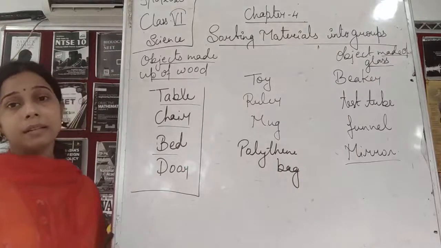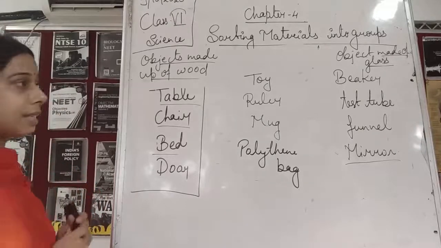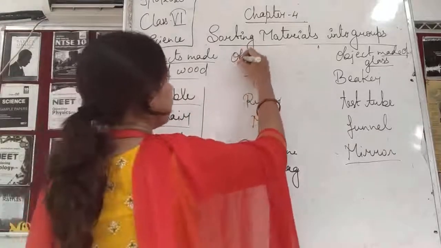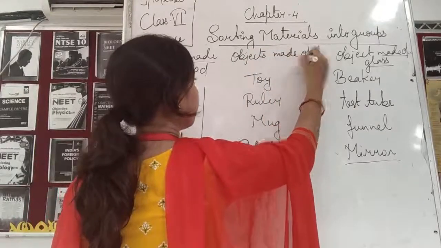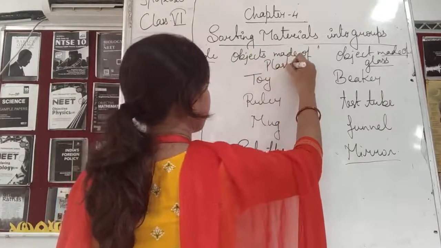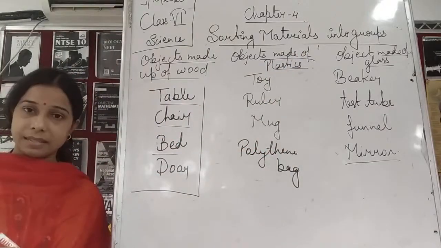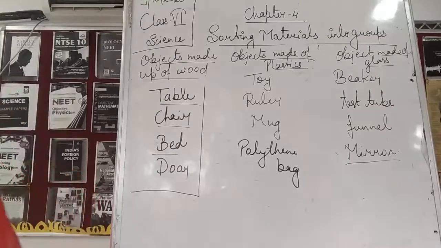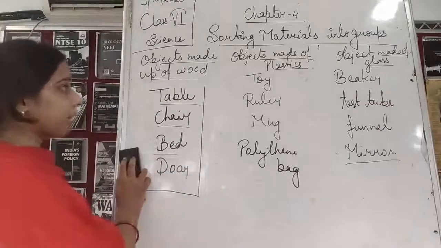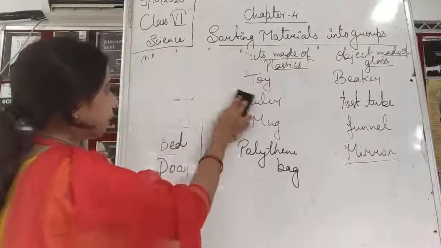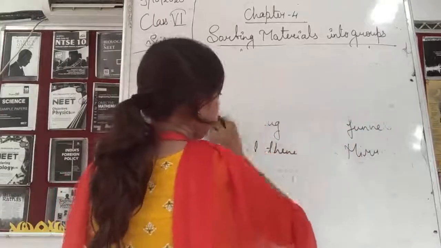You know that the object is made up of plastic. So we can say these are the objects which are made of plastics. Examples can be anything, students. Let me give you one last one, by which you are able to differentiate. It can be anything, student.